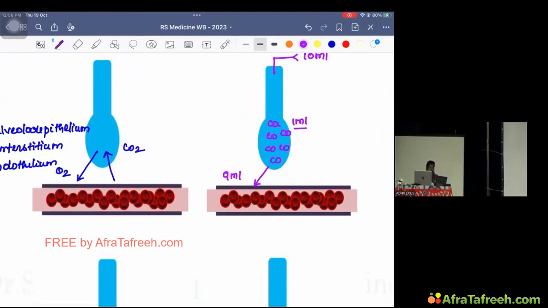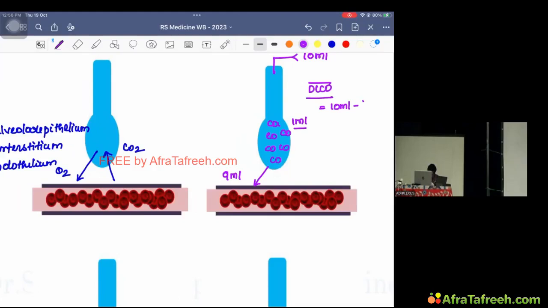Now if I take the DLCO here, it is equal to 10 ml minus 1 ml. How much is it? 9 ml. If I convert this into a percentage, DLCO is equal to 90%.